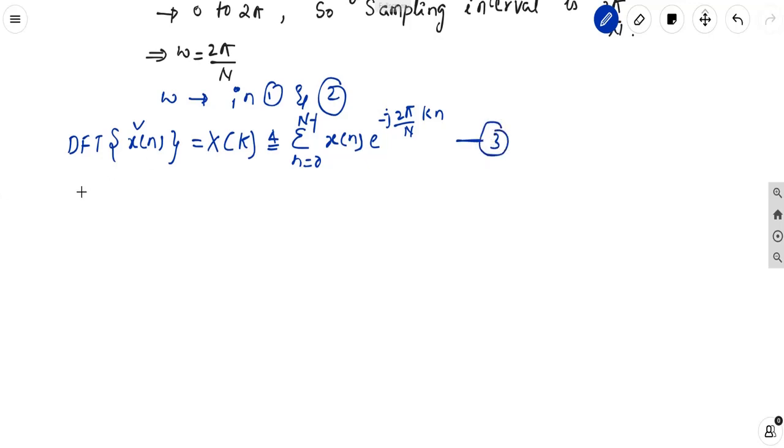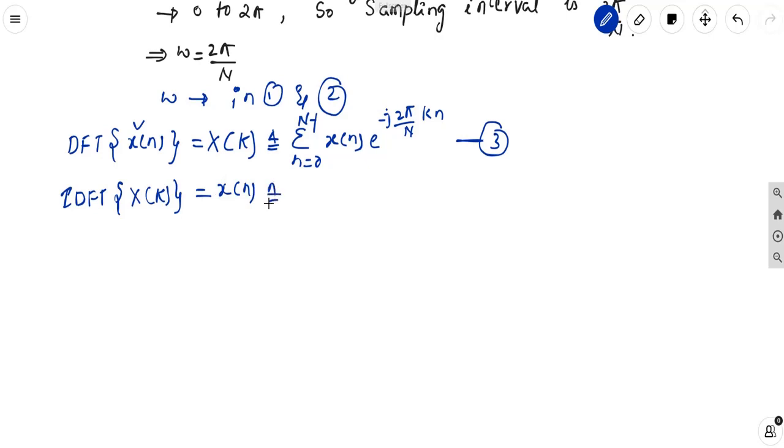Same way we will substitute in equation 2. That is the IDFT, which is done on the frequency domain signal, that is X of k. If we take the IDFT of this, the signal will be x of n.